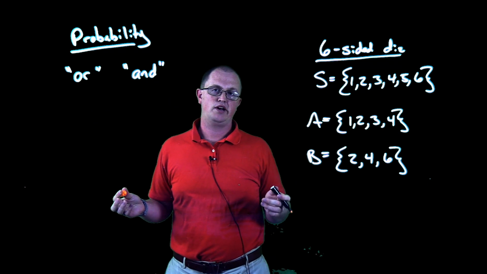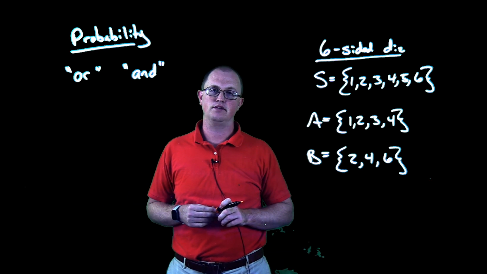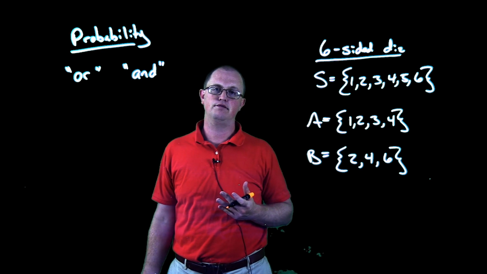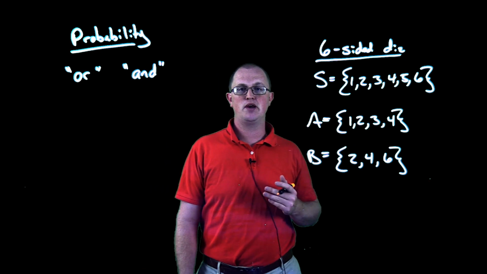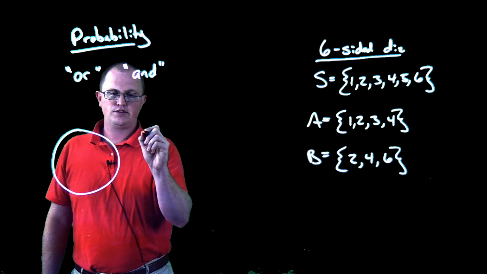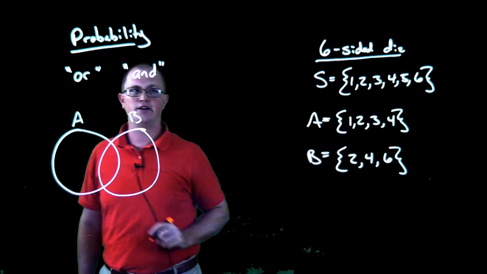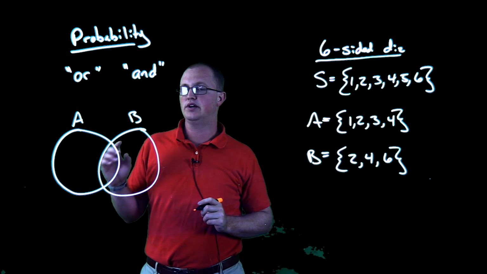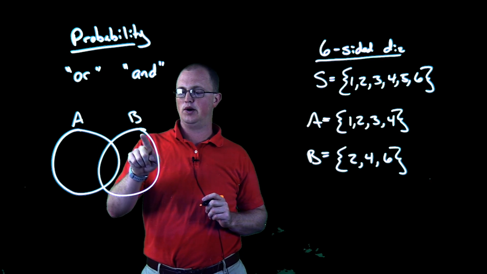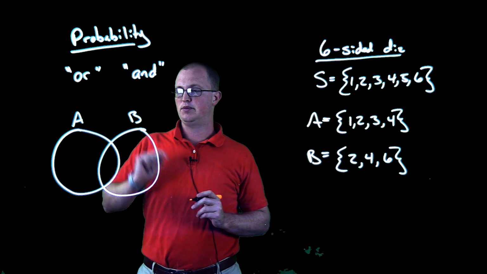All right, so we talked about how to think about these "and" and "or" terms to combine events as a list, as a set, but let's also think about how we can visualize this graphically. You may be familiar with Venn diagrams. If we have two sets, A and B, we can draw their Venn diagram like this. Things that appear only in A are going to be over here, things that appear only in B are going to be over here, and things in both are going to be in the middle.